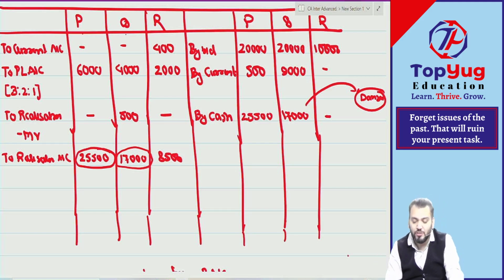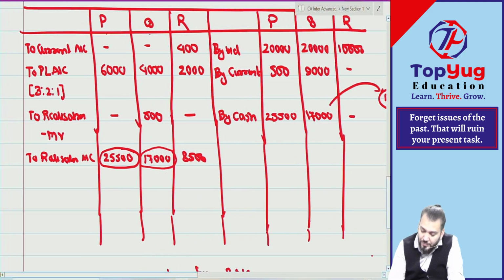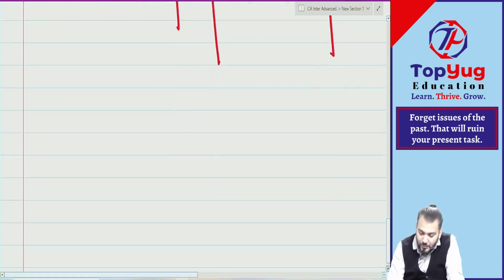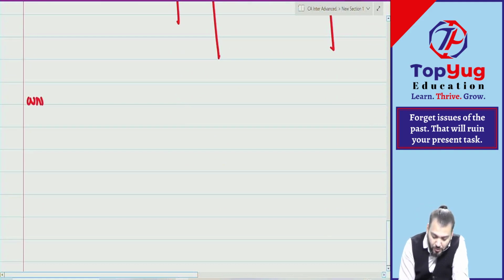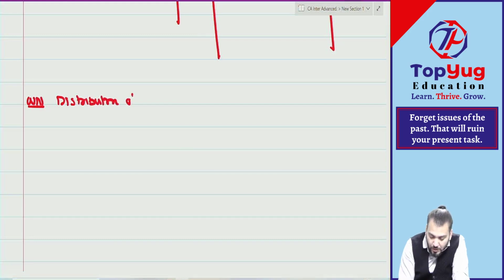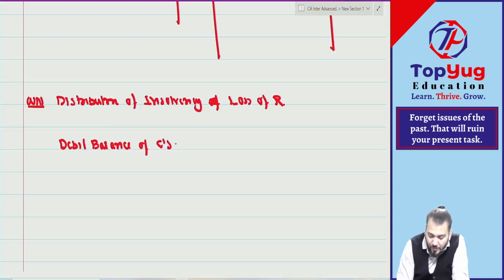Now we'll find out the insolvency loss. So who is the insolvent partner? Who is the nalayak partner? Let's make a working note: distribution of insolvency loss of R. Can you give me the debit balance of R's capital after all transactions, whatever we have done till now?